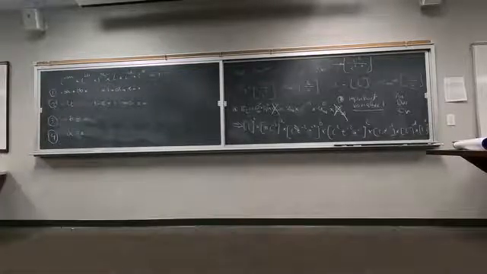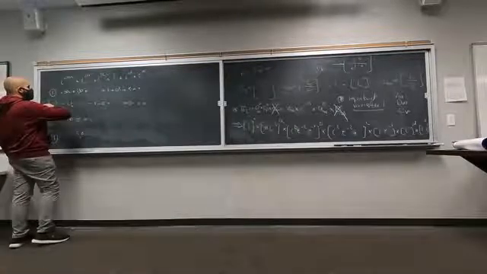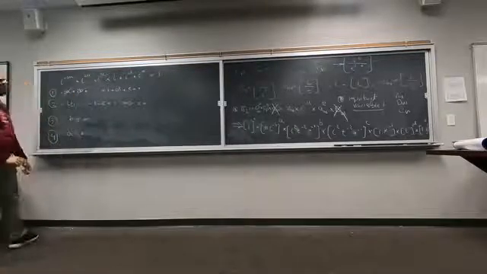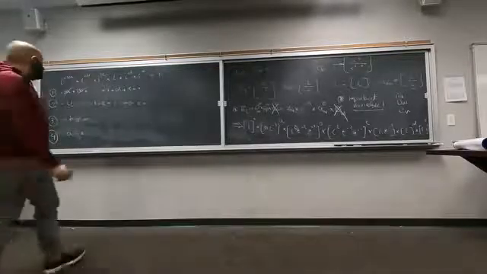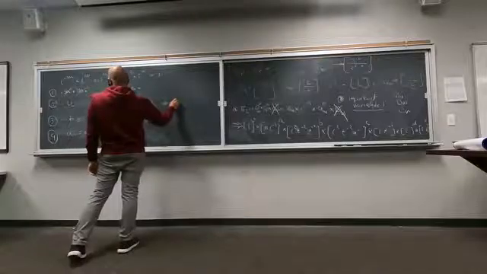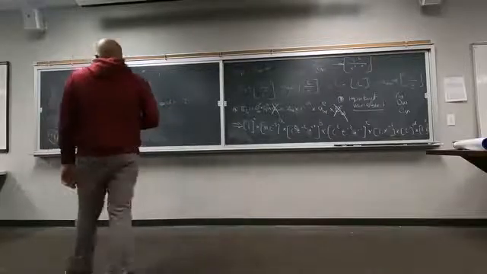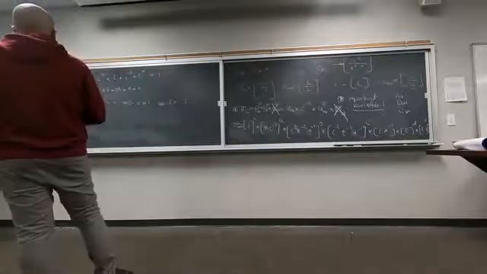Okay, and this is 0, this is 0, and B is going to end up to be -2. I'm making a mistake somewhere.